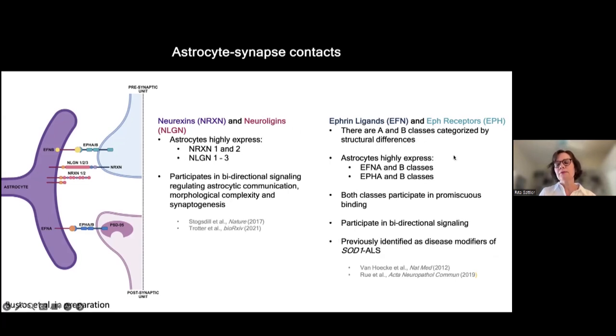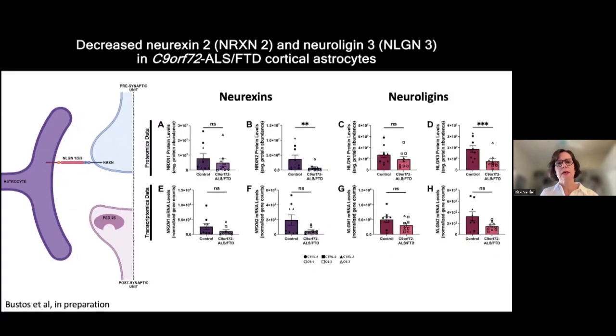The other flavor of proteins and ligands that are known to stabilize the synapse by direct contact are ephrins and ephrin receptors. Again, there are different classes and categories, and these receptors and ligands have been associated with ALS before, mostly in the context of SOD1, but not yet for C9.